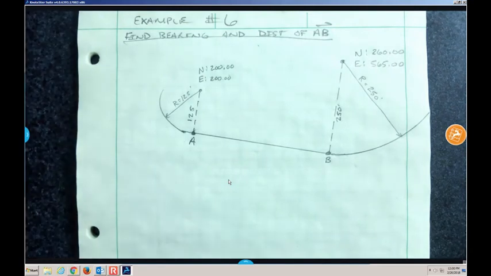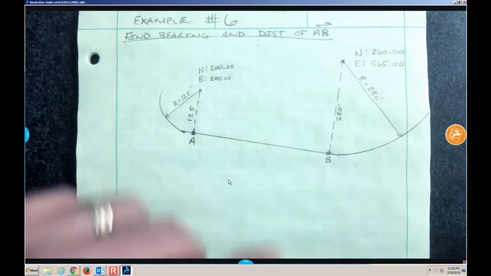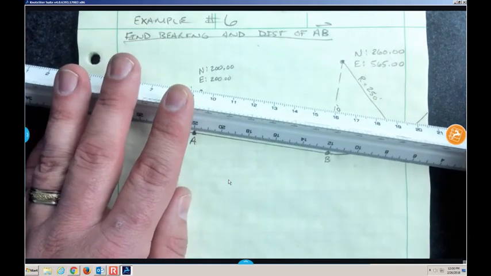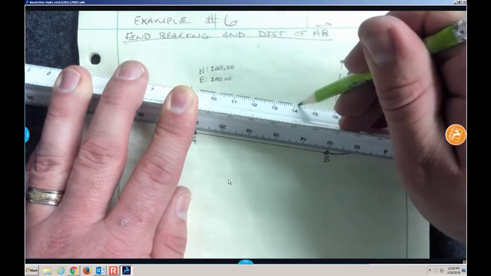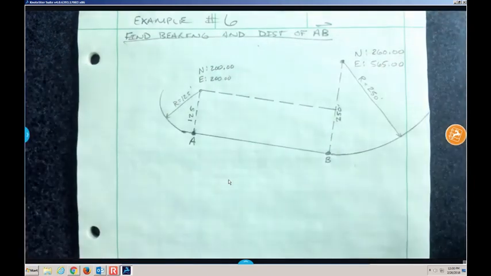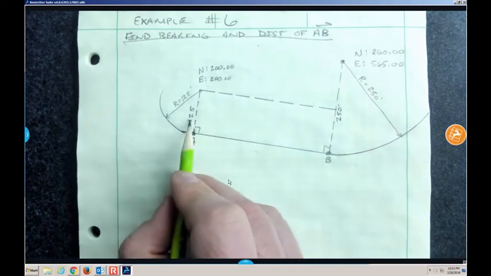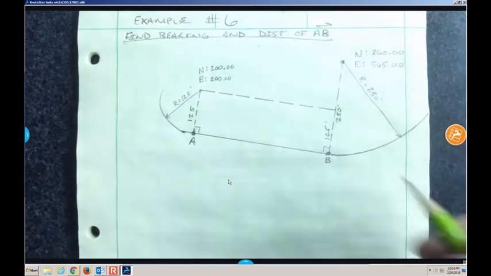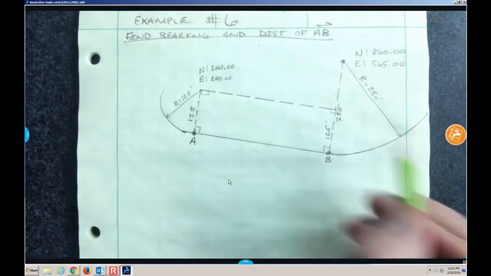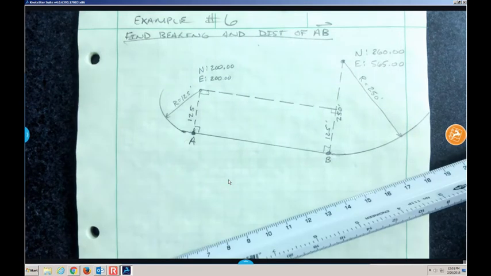Now, because these are both perpendicular to this tangent line, I can figure out a square or a rectangle. Because if this is 90 degrees and this is 90 degrees, if I come up exactly 125 here, these should be 90 degrees. So we're getting somewhere. Not quite there yet, but we're trying to figure it out as we go.